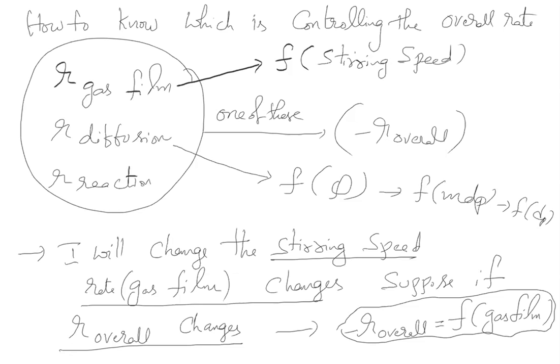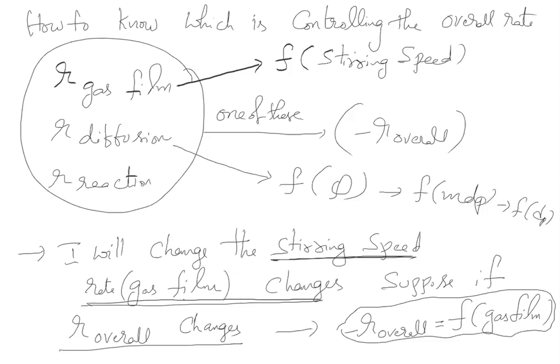Experimentally, I have done an experiment at a stirring speed of 100 rpm and I have some rate. Then at 200 rpm, if my rate is the same, I am changing the film rate but my overall rate is not changing. That means my overall rate is not linked to the film; it is linked to something else.